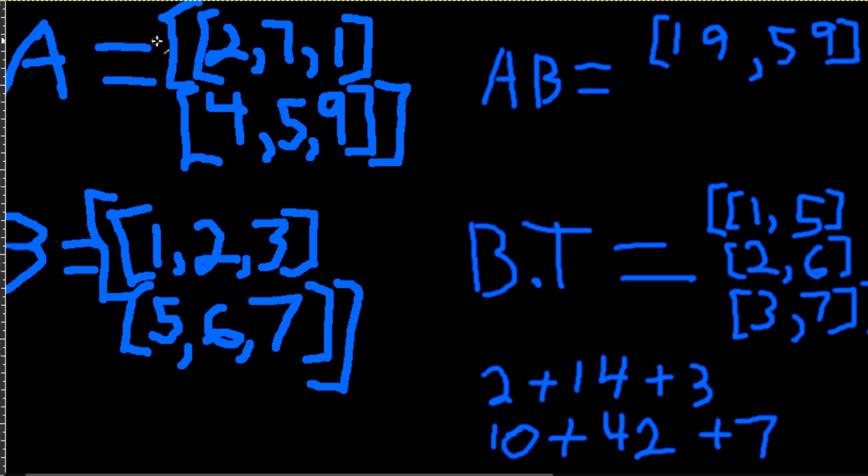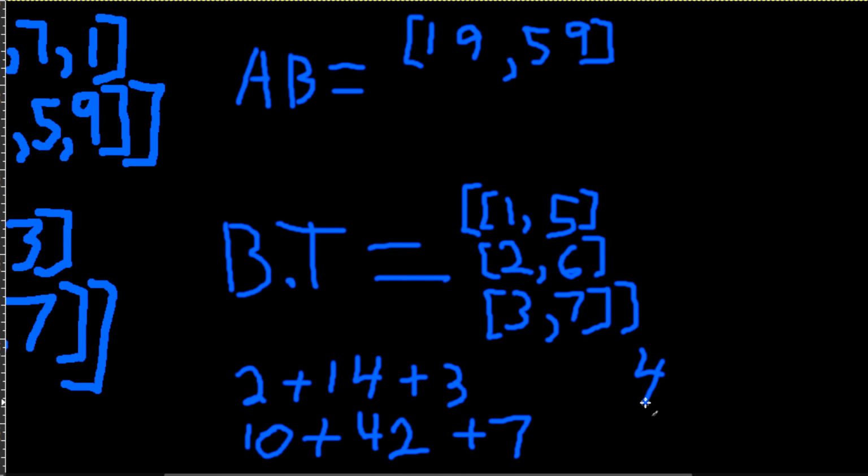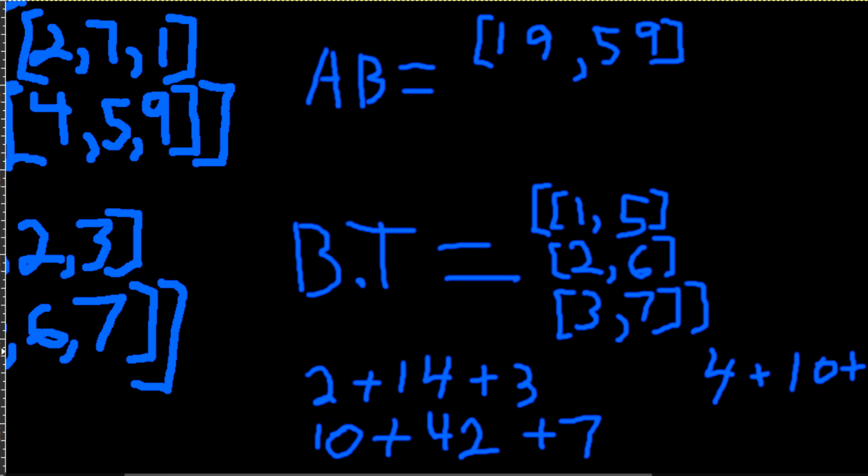Now that this one's done, we can mark that out, ignore it, and move to the next row in matrix A. So 4, 5, 9, and just follow the same pattern as you did with the first row. 4 times 1 is 4. 5 times 2 is 10, so plus 10. 9 times 3 is 27, so plus 27.